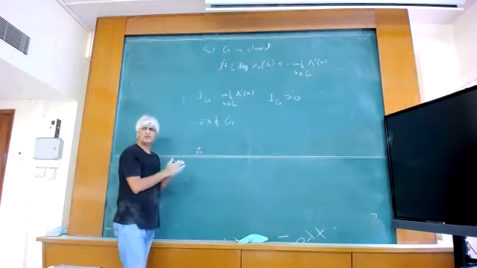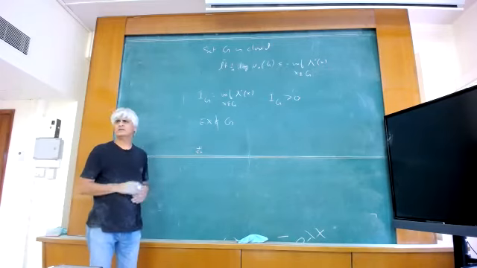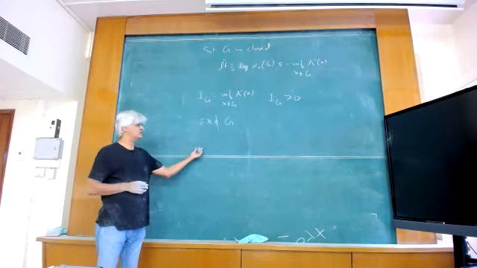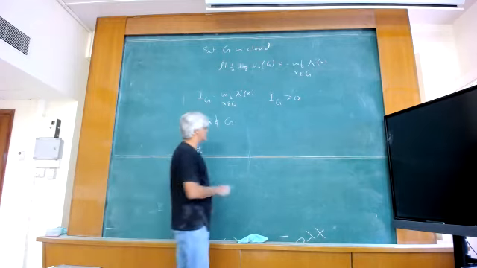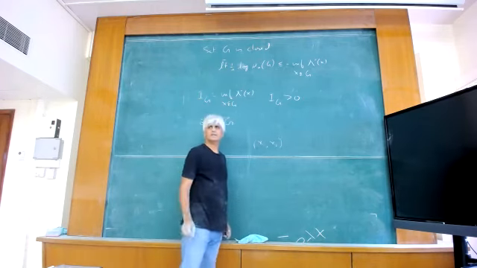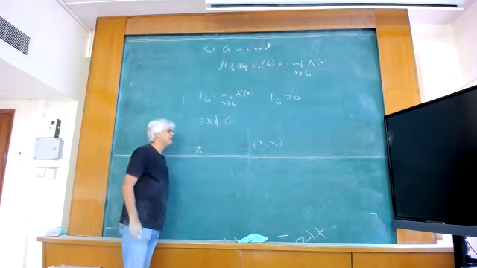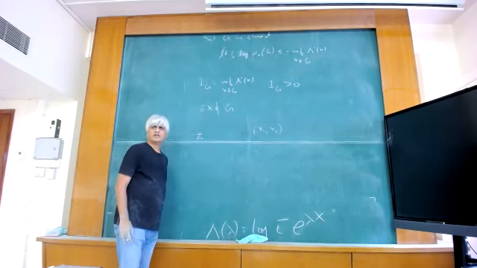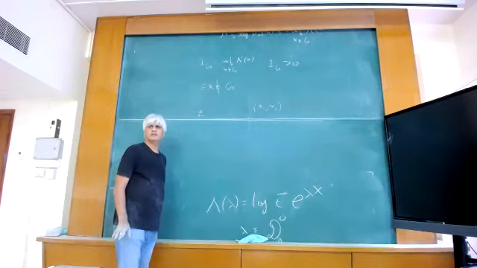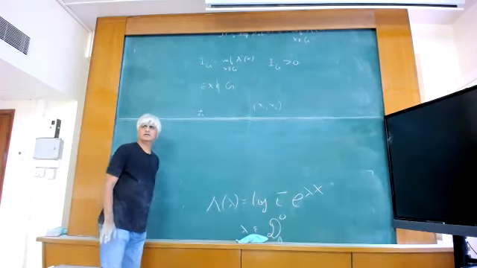So I can look at all the open intervals which contain E of X and which are not in G, and take their union. Suppose the union is (x1, x2). Now, it cannot be that x1 is minus infinity and x2 is plus infinity, because then G would be empty. I'm assuming G is not empty.